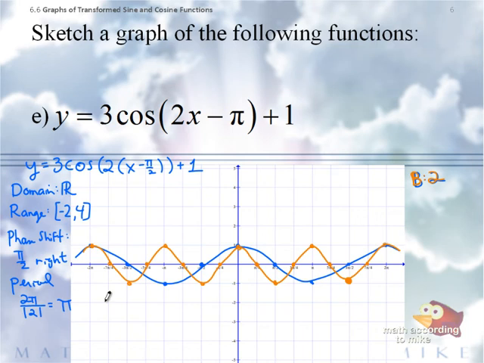C over B is next. C over B is pi over 2. So we're going to move pi over 2 to the right. Just as we said before, since we're counting by pi over 4 units, pi over 2 is 2 tick marks. So take every point and move it 2 tick marks to the right.